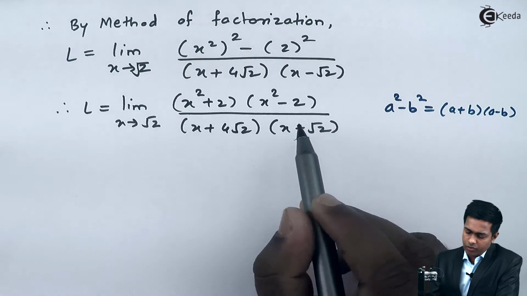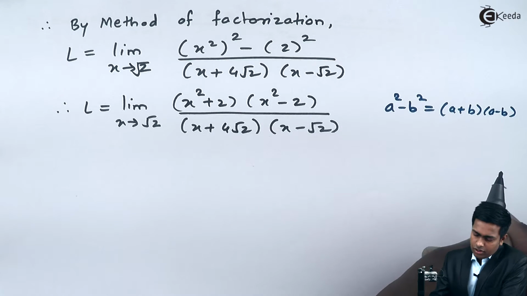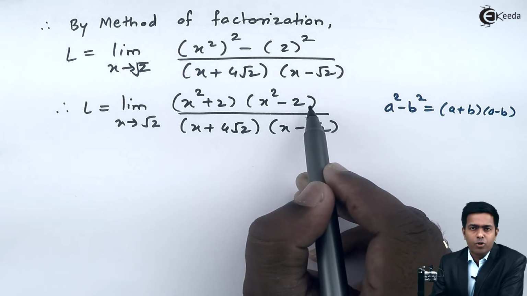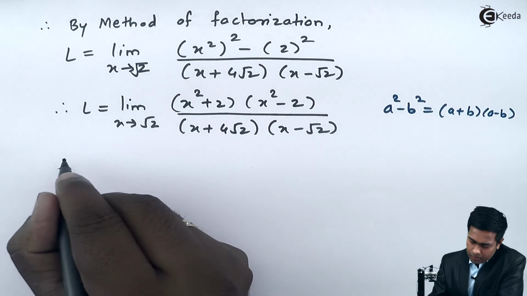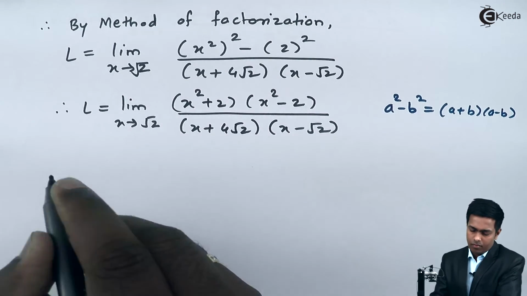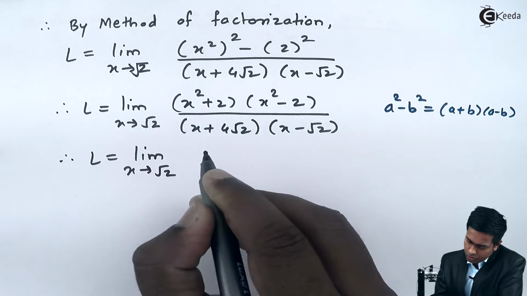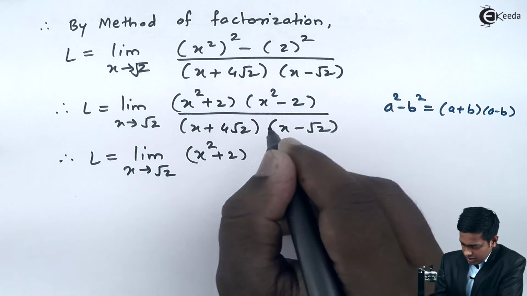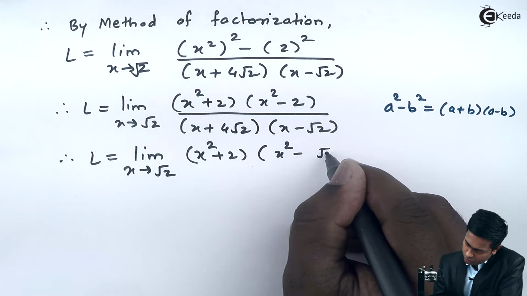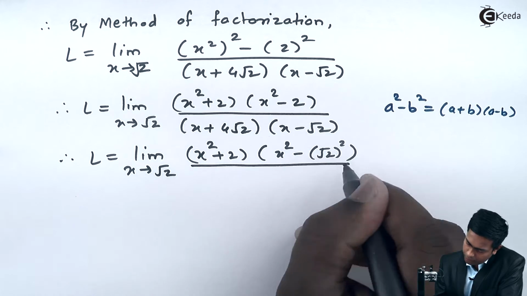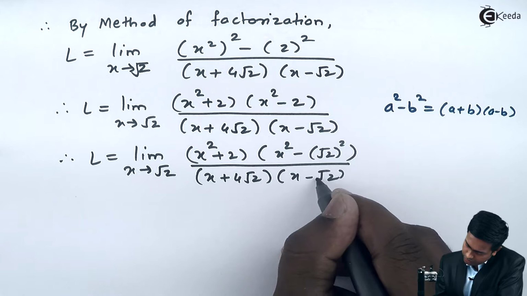Now if we observe the numerator and denominator, still there is no common factor which we can cancel. But if we observe the second term in the numerator, here again we can apply this formula. So I will rewrite this term as L equals limit x tends to root 2 of (x square plus 2) and (x square minus root 2 the whole square) upon (x plus 4 root 2) and (x minus root 2).